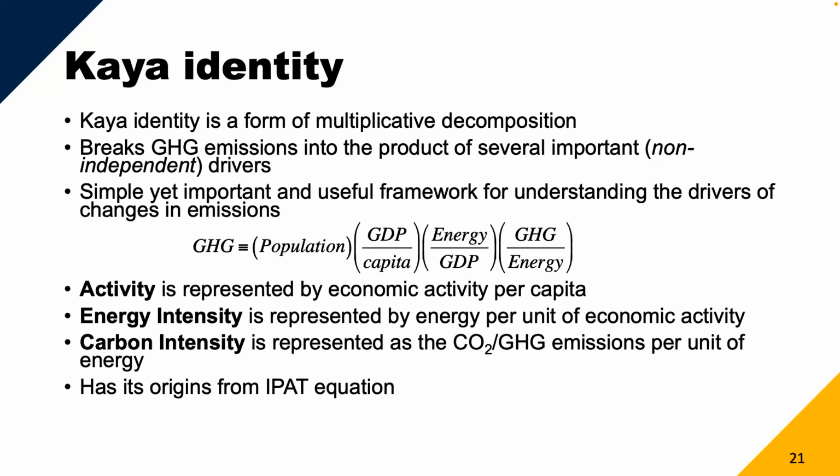Energy intensity would represent the amount of energy being used for all the end use services, and the carbon intensity would represent the translation of that energy demand into carbon emissions coming out of the grid.